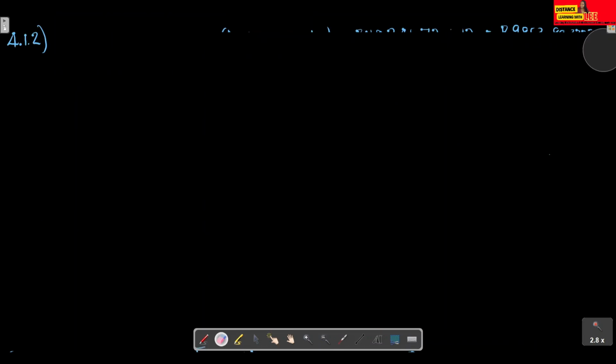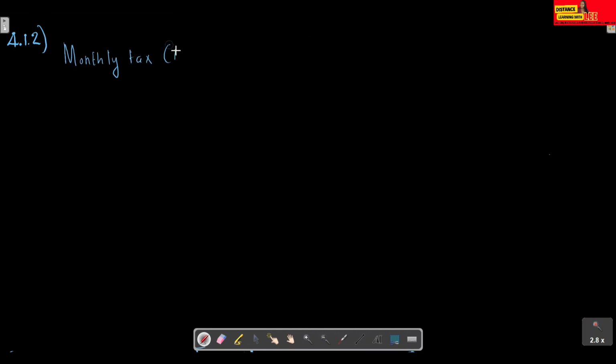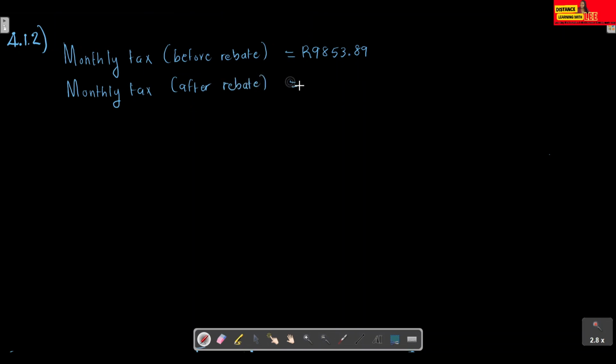Okay, so now we need to compare these two amounts. So what can we deduce from what we have just calculated? Now we found that the monthly tax that Mr. Lowe pays before the rebate, remember, we got that to be 9,853.89. Then we went on to find what the monthly tax was after the rebate, and we got that amount to be 8,485.14.